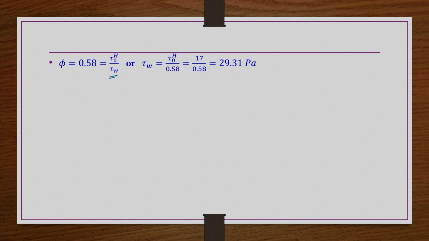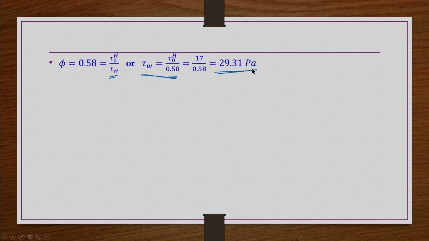Okay. That means applied stress is not sufficiently large enough to make the material deform for a higher portion of the pipe cross section. So, phi definition is nothing but tau naught h by tau w, right. So, from here tau w is nothing but tau naught h by phi. So, tau naught h is given as 17, phi you got is 0.58.